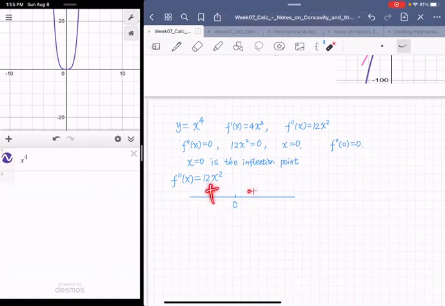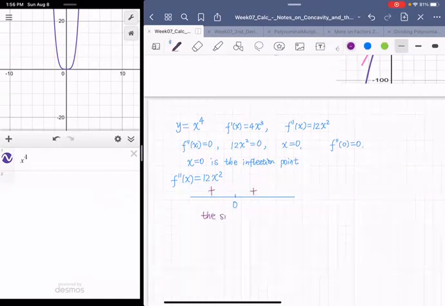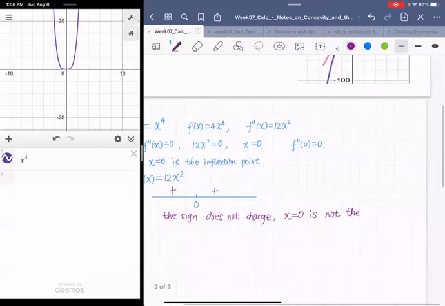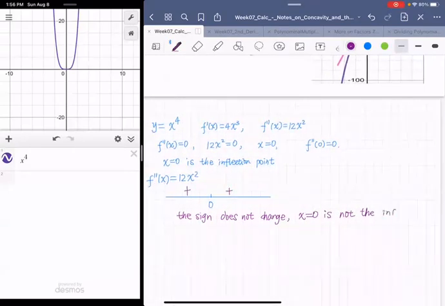It keeps the same sign. The sign does not change. x equals 0 is not the inflection point. Does this make sense? Yeah.